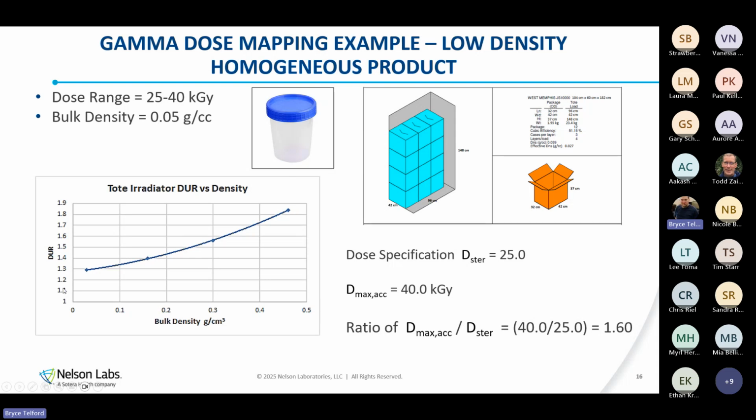And that's going to give me my dose uniformity ratio. And that's all dose uniformity ratio is. Like I said, it's basically the ratio between your low and your high. So in this particular example, I get my normal 1.6 multiplier. So I have a specified dose range of 25 to 40 kilogray. With my 1.6 multiplier, I'm able to do that dose just fine.